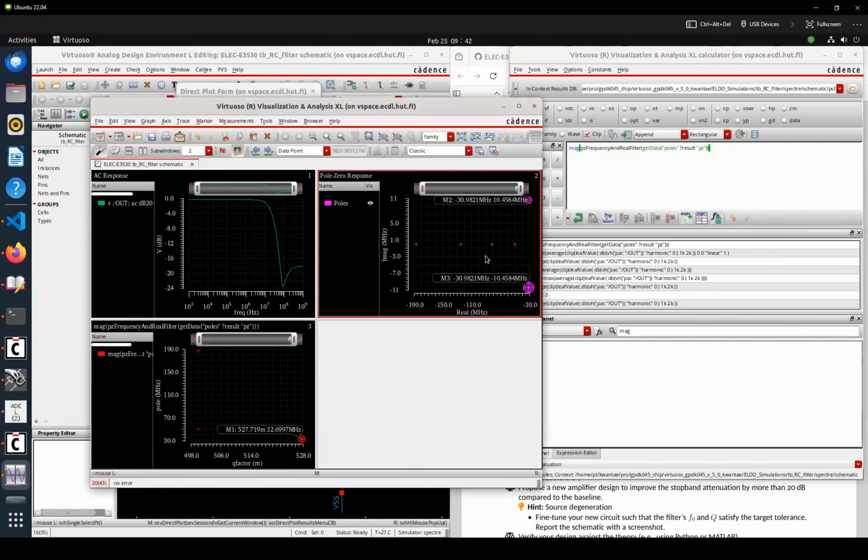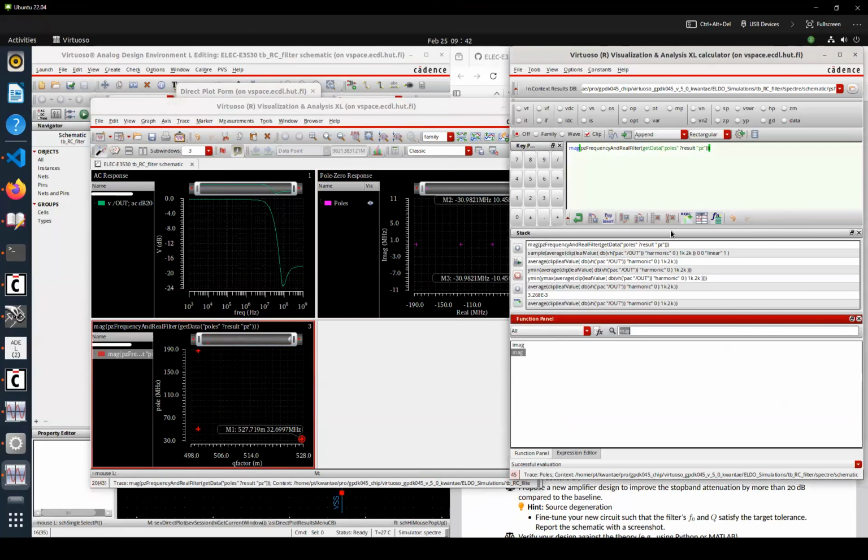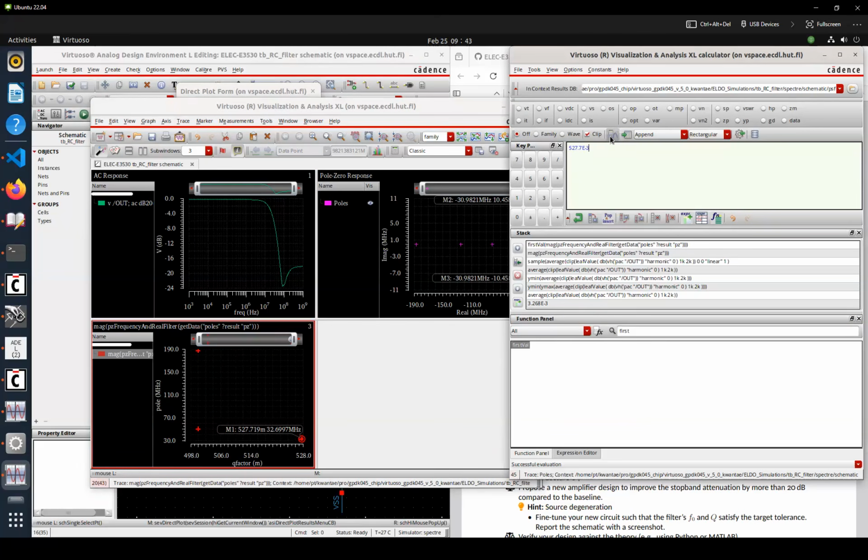If you calculate the square root of 30 megahertz squared plus 10 megahertz squared, it can be approximated to square root 32 megahertz. So for this one, the first value corresponds to the Q factor.